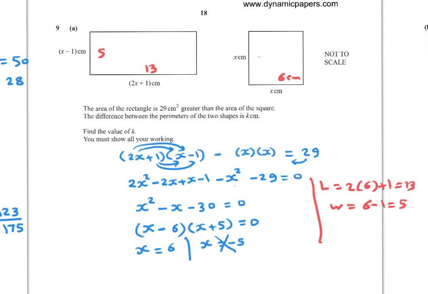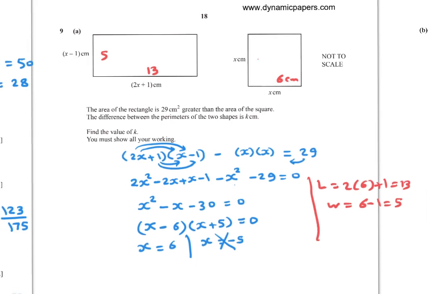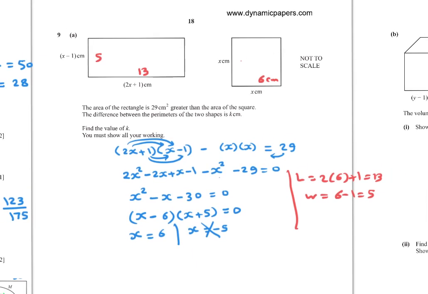Now the difference between the perimeters is k, so we can find the perimeter for the rectangle and the perimeter of the square, then subtract them to find k. Perimeter of rectangle first. Perimeter of rectangle equals 2 lengths, so 2 multiplied by 13 plus 2 widths, 2 times 5, so 26 plus 10 equals 36 centimeter.